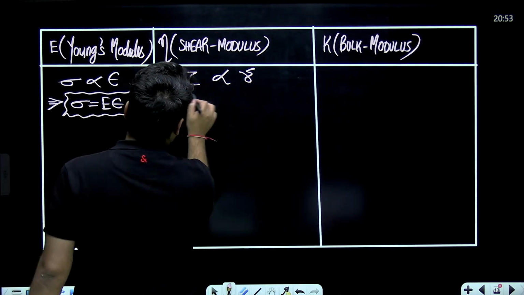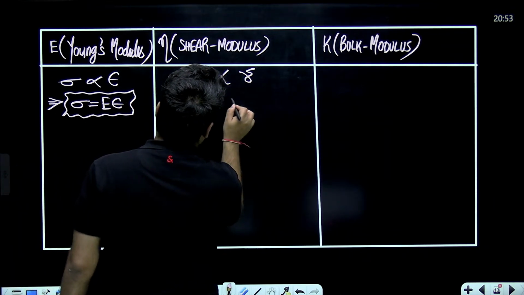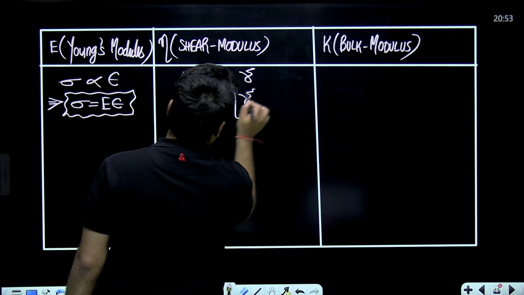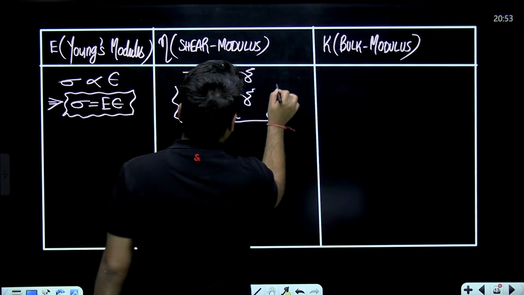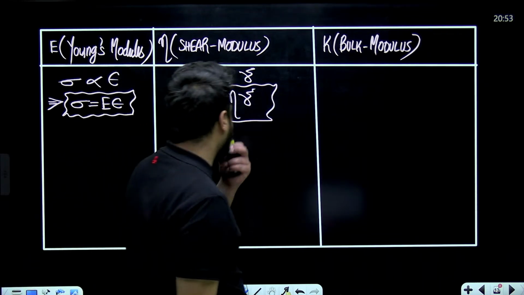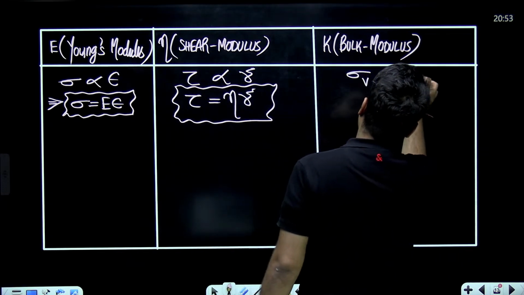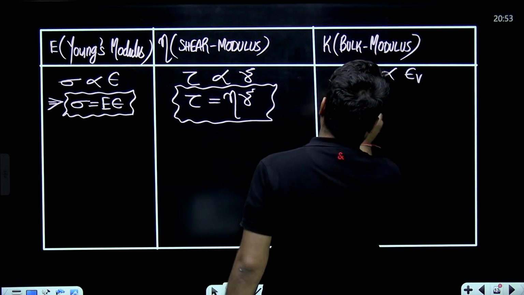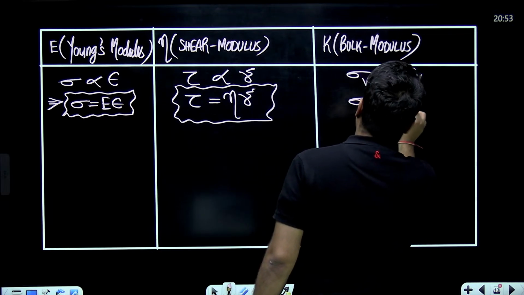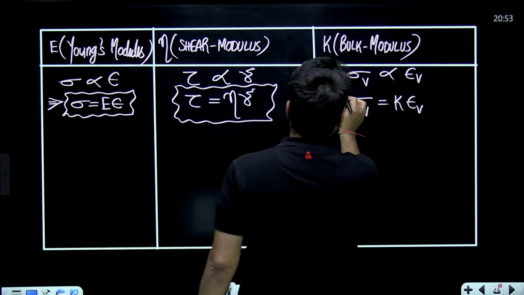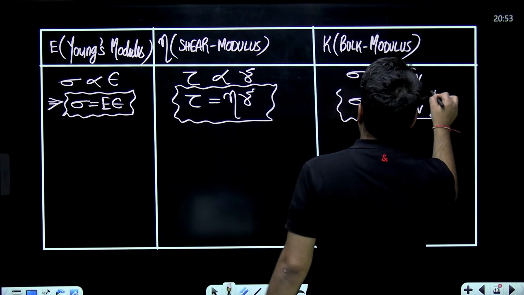When you remove the proportionality, you get this eta part. For bulk, the volumetric stress is directly proportional to volumetric strain. When you remove the proportionality, you get the bulk modulus, how they are acting as a bulk.